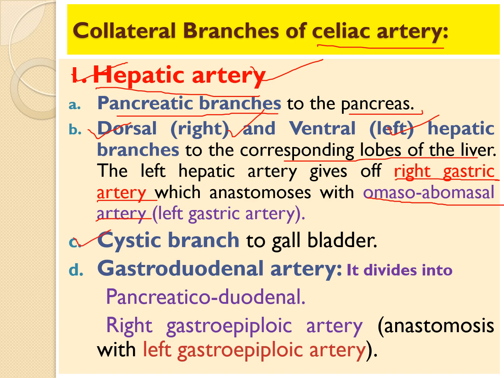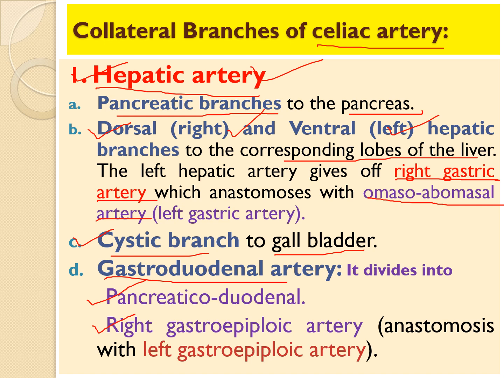Then the next branch is the cystic branch. The cystic branch supplies the gallbladder. Then the gastroduodenal artery. The gastroduodenal artery divides into the pancreatico-duodenal and the right gastroepiploic artery.